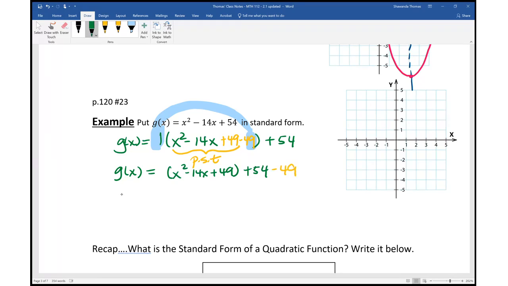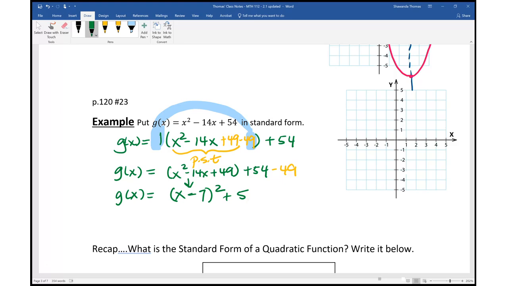So let's go ahead and factor and simplify here. So that's something squared again. The square root of x squared, x, the square root of 49, 7, and just drop down that first sign right there. That's the easiest way to factor a perfect square trinomial. And then 54 minus 49 is 5.